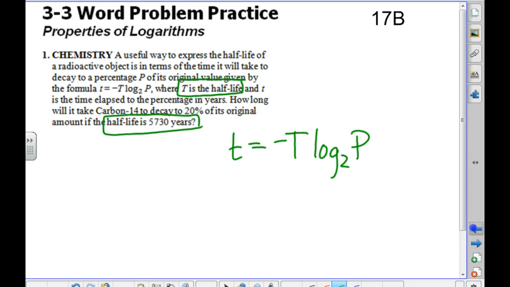So we're gonna put in for capital T of 5730. And little t is the time elapsed, and the percentage is P. So what's the percentage that I want to put in for P back here?